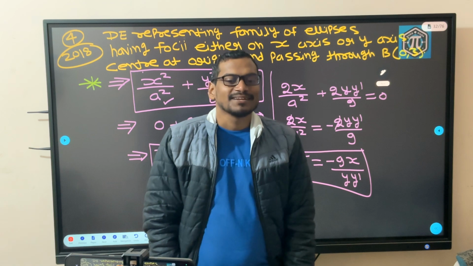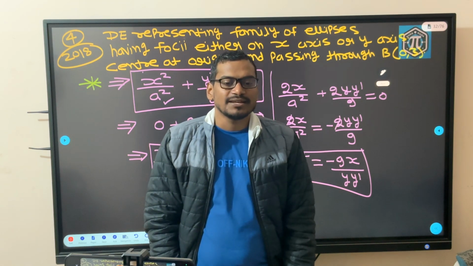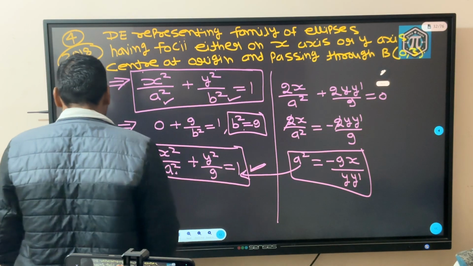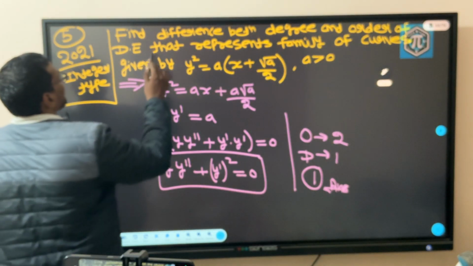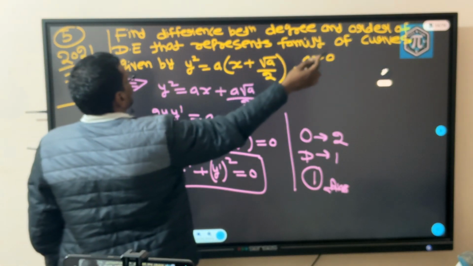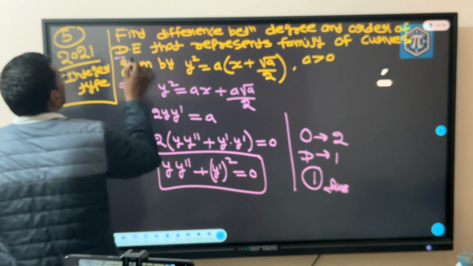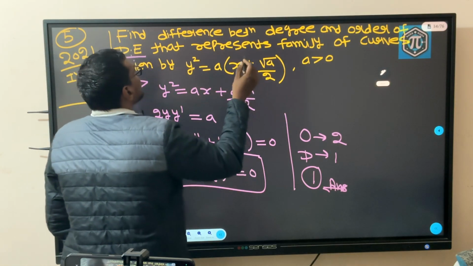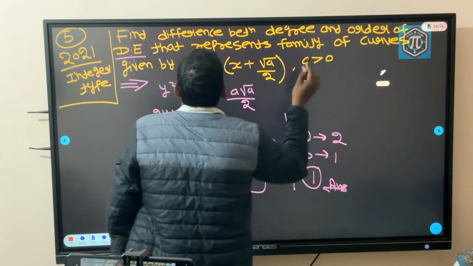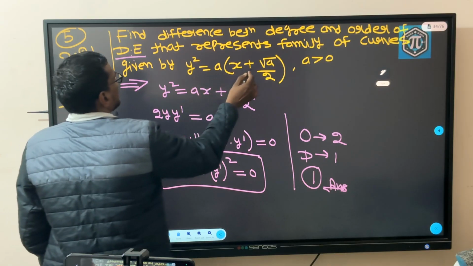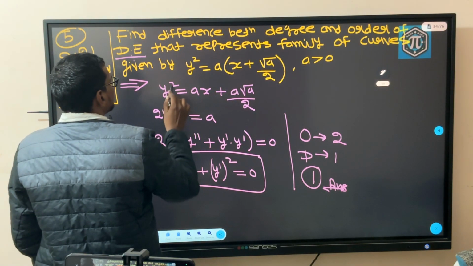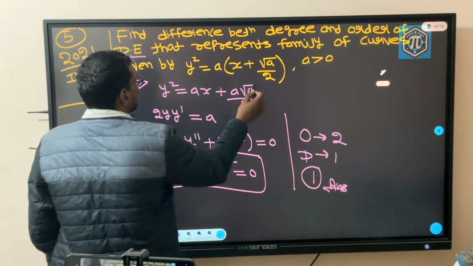Alright, so should we go to the next PYQ? Yes, here is our fifth PYQ. Find the difference between the order and degree of the differential equation that represents the family of curves y square equal to a into x plus this. So y square equals ax plus a root a by 2.